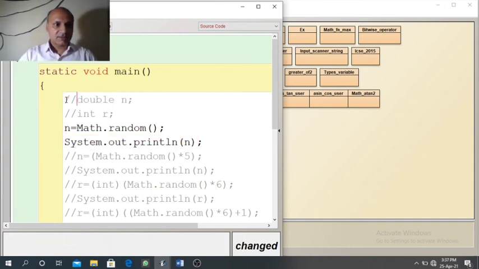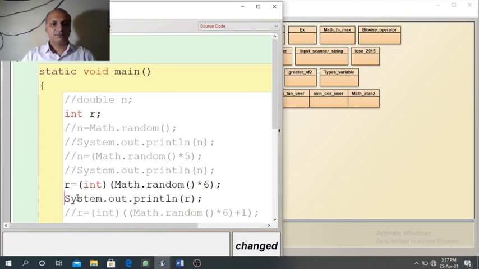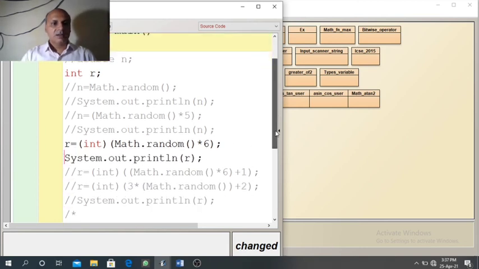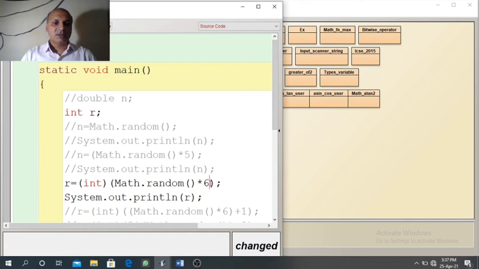Now we will discuss the second variation. If we want to get integer random number between 0 and 1, means throwing a coin and we want to get either 0 or 1, that is either head or tail. So in that case we will use 2 here. Math.random star 2 star n.